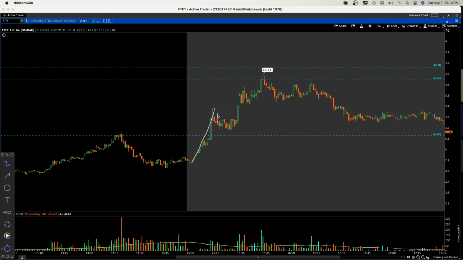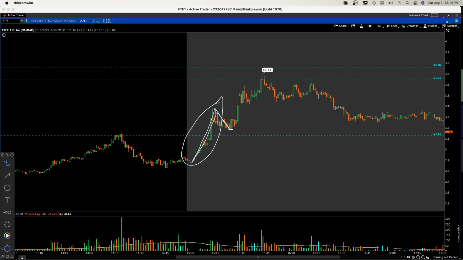We don't really care what happened afterwards. This is the move that we're measuring, and that's what we want all of our fib levels to be based off of. Is that first initial significant move. Why would we want to measure this move? We don't. Basically what we're looking for on that move is where we're going to pull back in relation to this move.